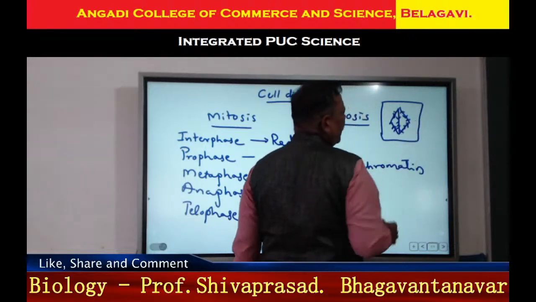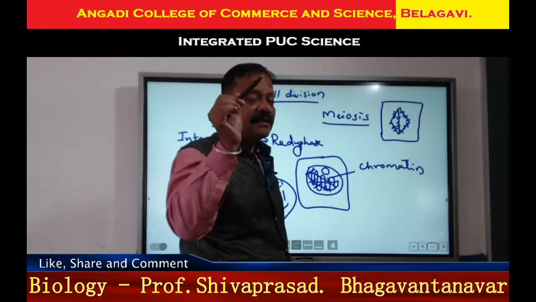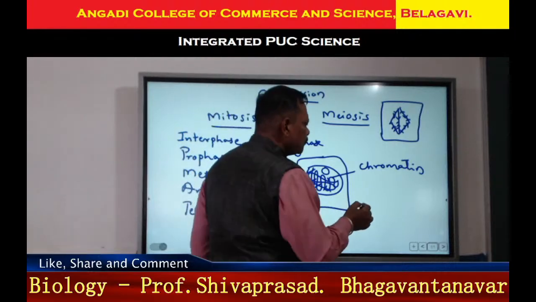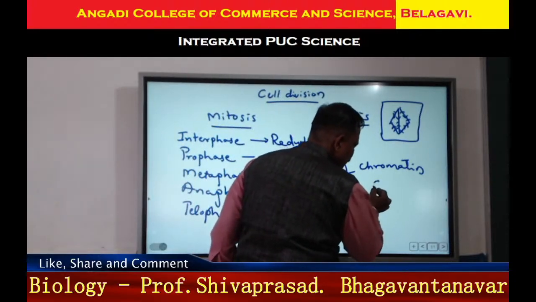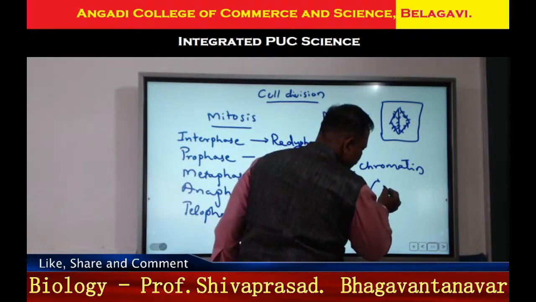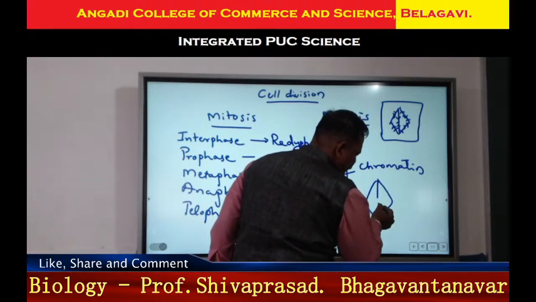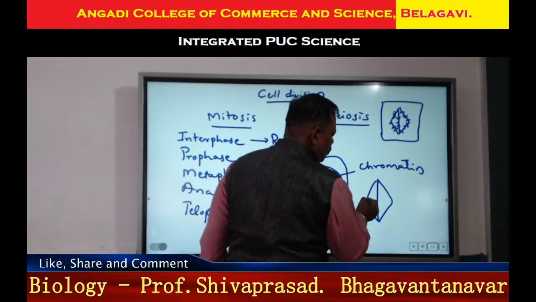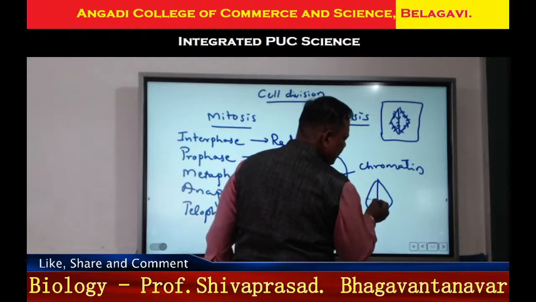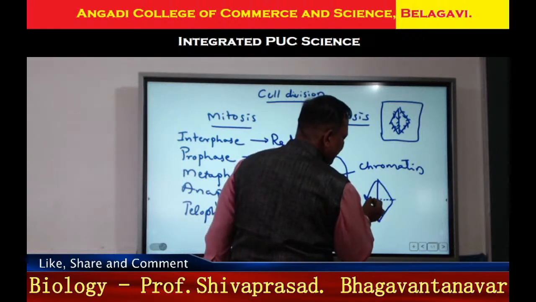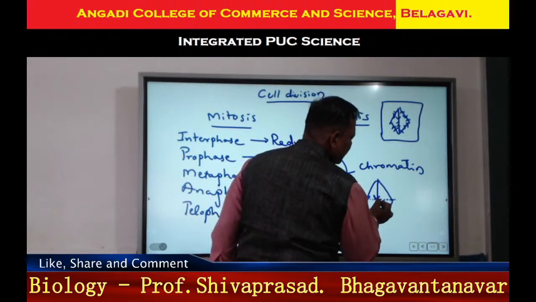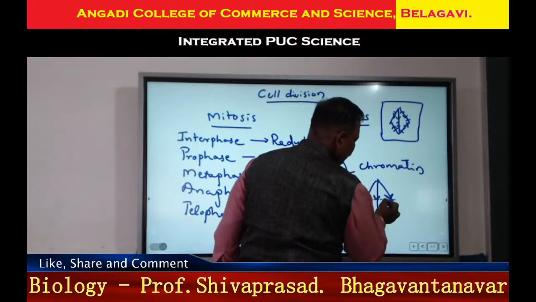And then finally, in case of metaphase, all these chromosomes, see, these are the poles forming spindle fiber, and chromosomes, this is the central plate. All chromosomes are gathered here, and they are forming a metaphase plate.